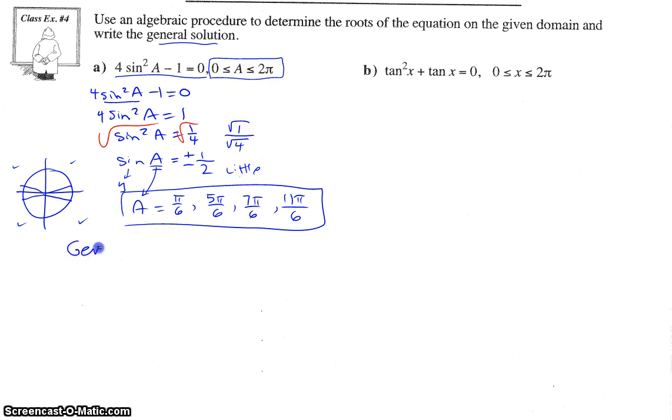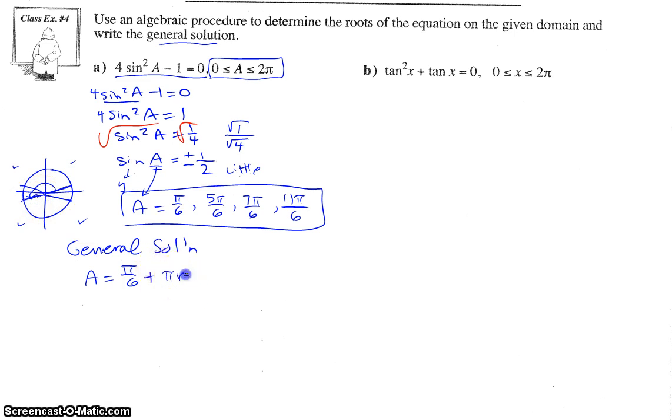Our general solution, we want to look back at our unit circle. You'll notice that these two are in a straight line from each other, so we'll be able to name those with 1. Notice they're not all equal distance apart, so we can't name it with just one particular one. But we'll start with pi over 6, and if we add just pi, we get to 7 pi over 6.